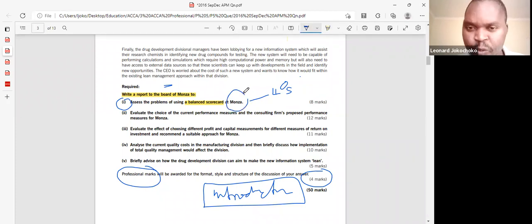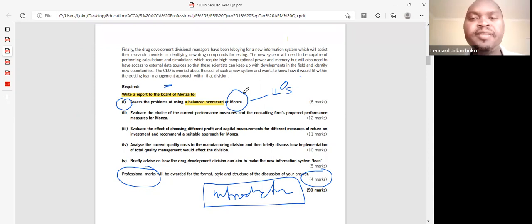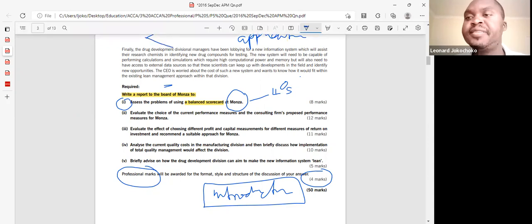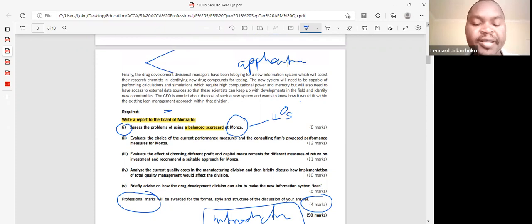We are answering for a company called Monza. If you don't address your question to Monza, in the examination we say you did not illustrate the application skill. So, as I said, when you are going to assess, you are going to discuss the positives and the negatives, the challenges in this case, or the problems associated with this particular balanced scorecard technique.